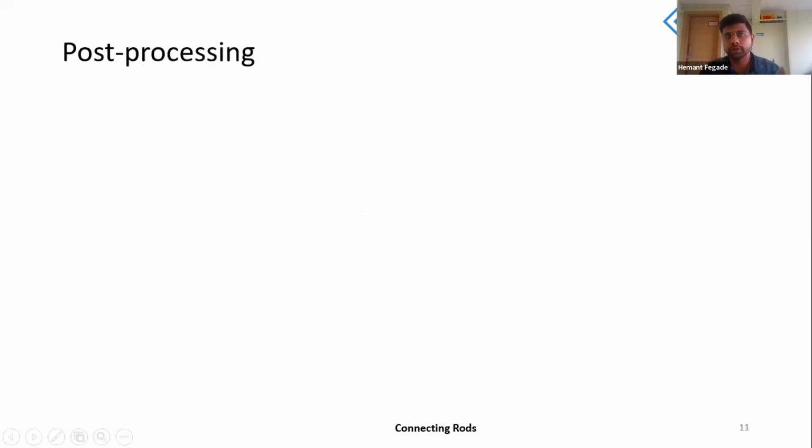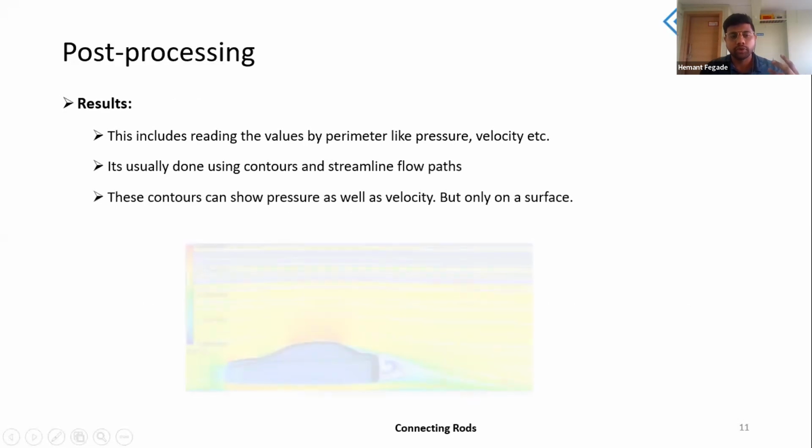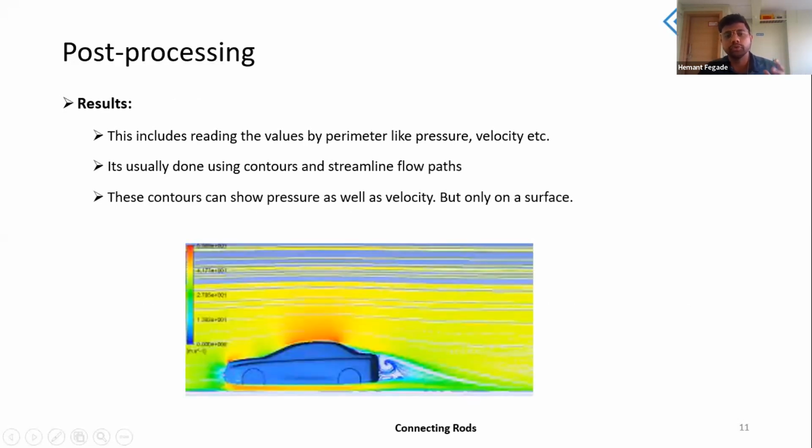The last module of CFD is post processing. In results, you will include these reading value parameters, so you will be able to view what pressure, velocity and density terms look like, or how they behave in certain regions of the simulation that you have set up.